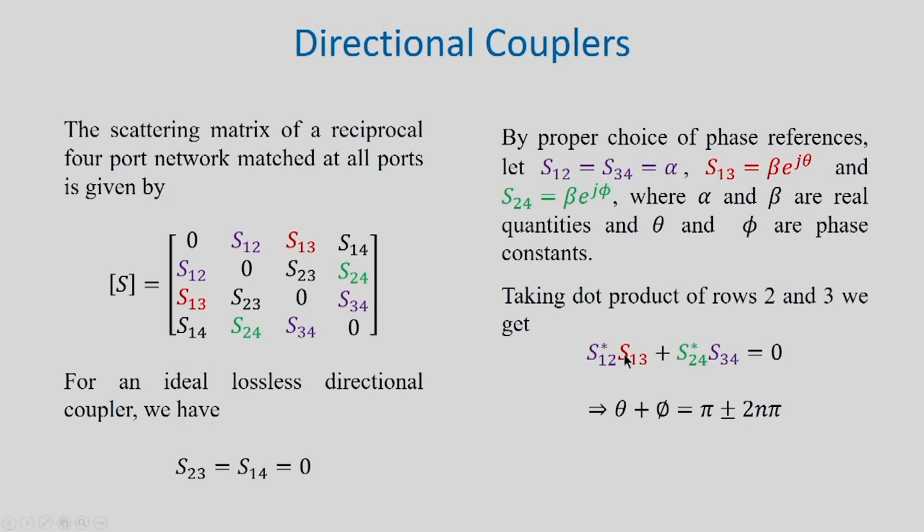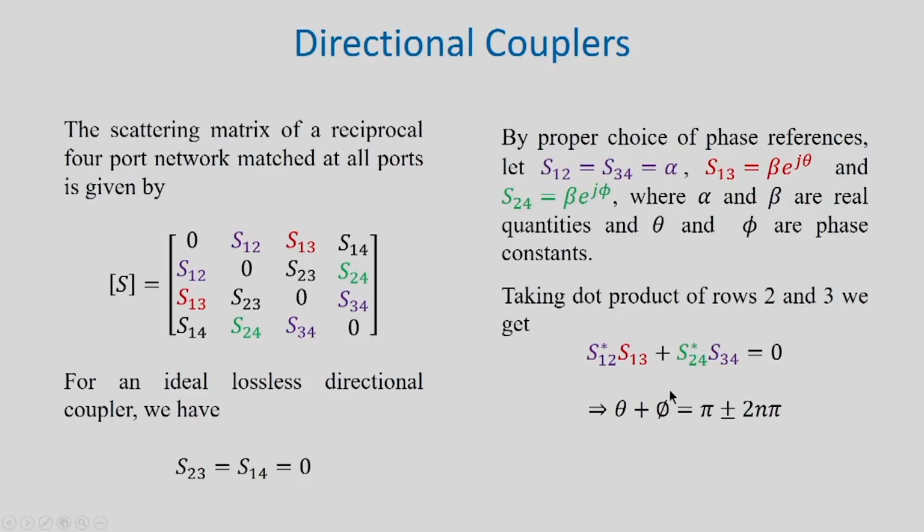we now get e to the power j theta equal to minus e to the power minus j phi. This minus can be written as e to the power j pi, and therefore, we get theta equal to pi minus phi, and therefore, theta plus phi will be equal to pi.